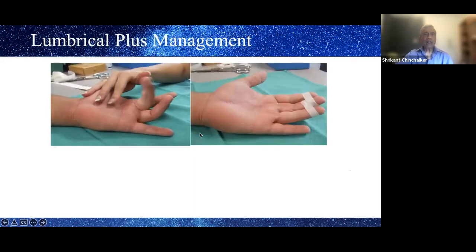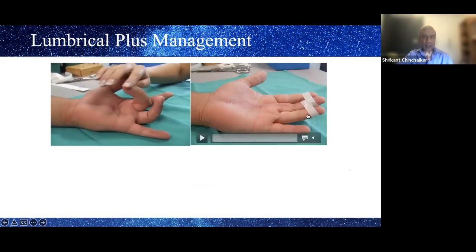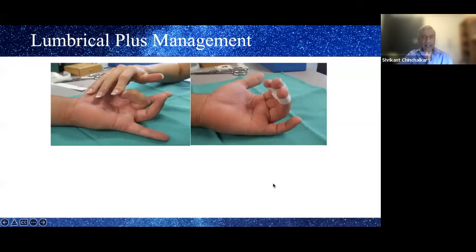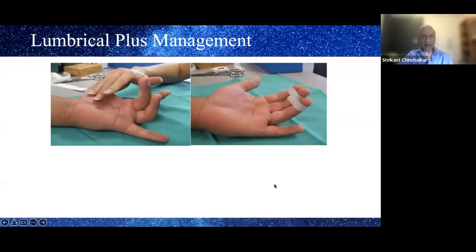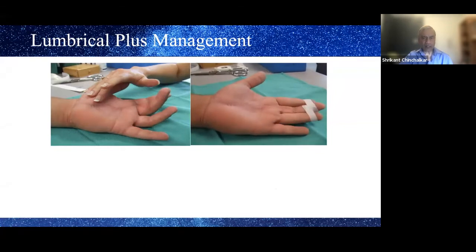So how do we treat lumbrical plus if the person has it? It is important that we triple buddy tape the fingers, as you see right here, and encourage deactivation of the lumbrical, especially when all the fingers are loose.